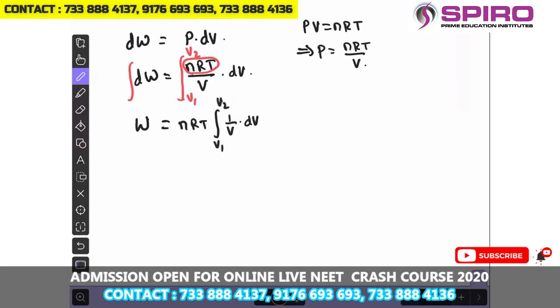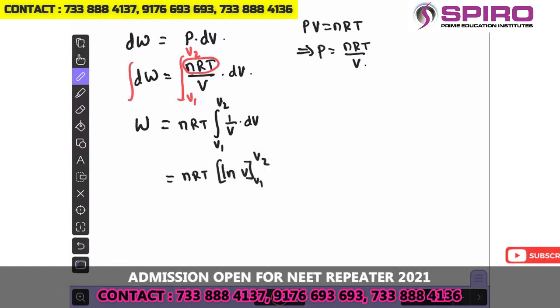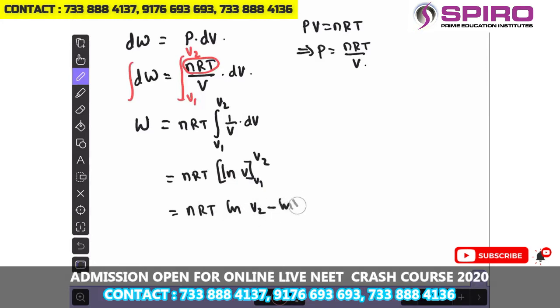So what is the integral of 1 by V dV? It is a natural logarithm, right? nRT times ln V in the limits V1 to V2. Substituting the limits, that will be nRT into ln V2 minus ln V1.